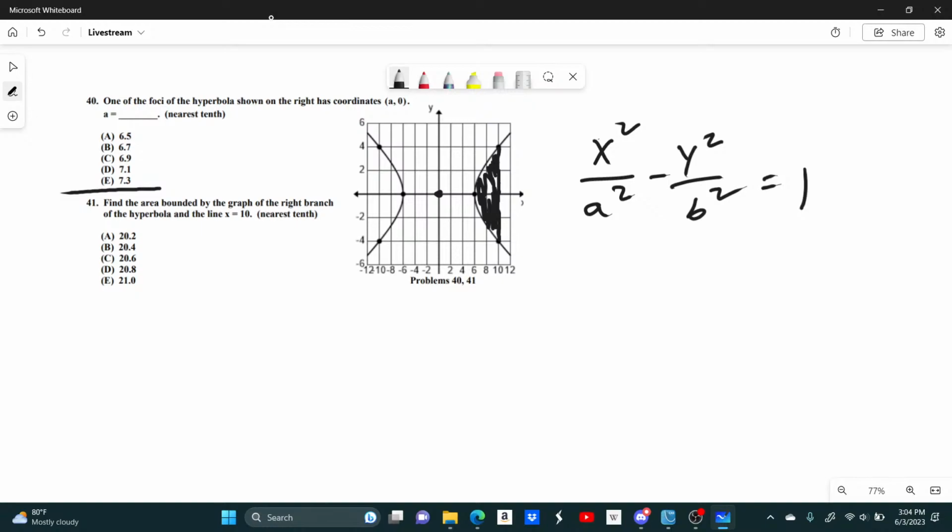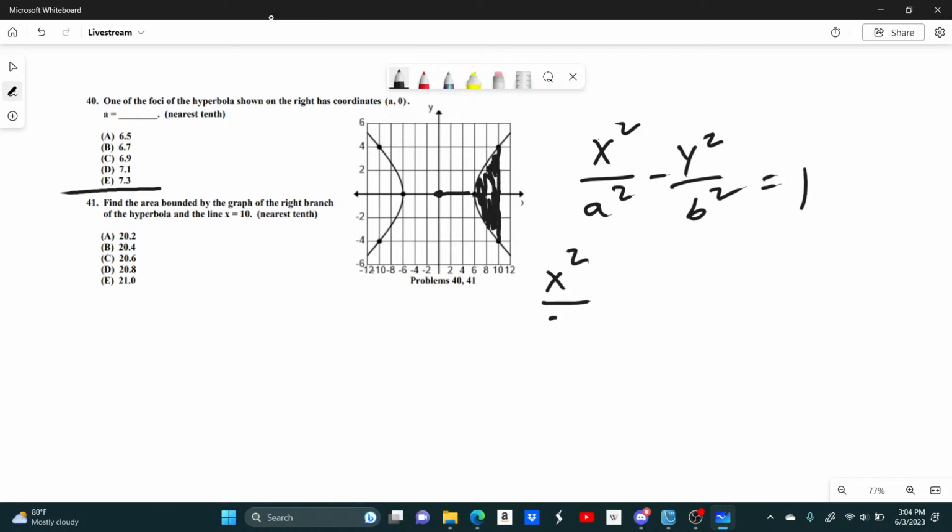Well, we still have to figure out what this equation is, or else we're kind of stuck. a is just the distance from the center to one of the vertices. We can see that distance was from 0 to 6, and so we're going to have a equals 6.